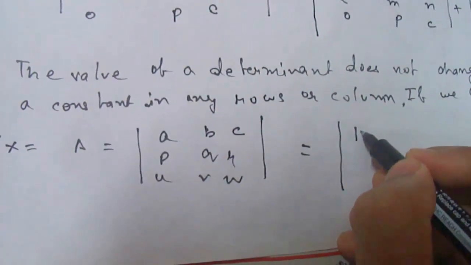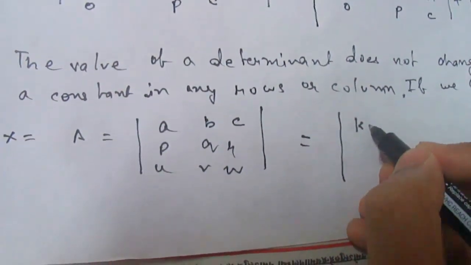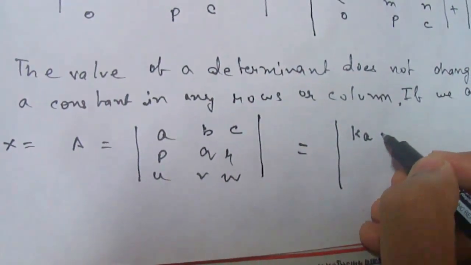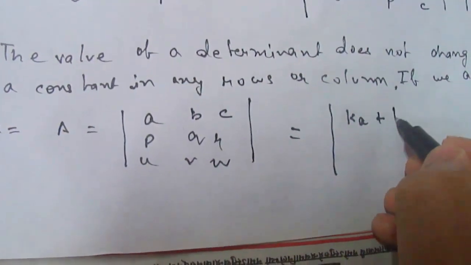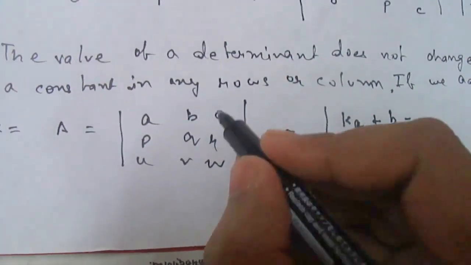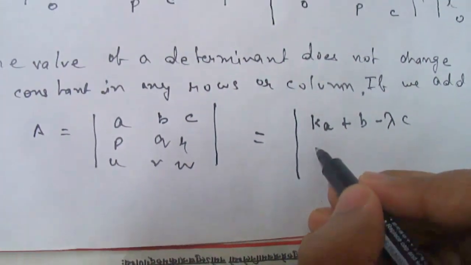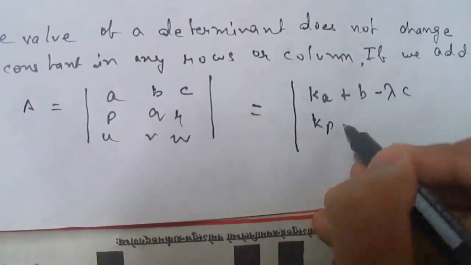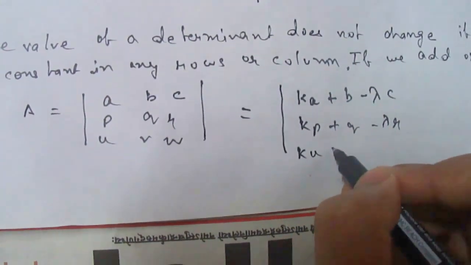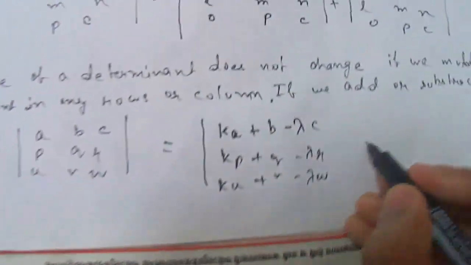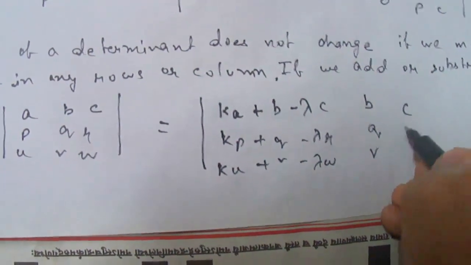Suppose we multiply the first column by k, add the second column to the first column, then subtract the third column multiplied by the constant lambda. So the first column will be ka plus b minus lambda c, kp plus q minus lambda r, ku plus v minus lambda w, with the other columns b, q, v and c, r, w.